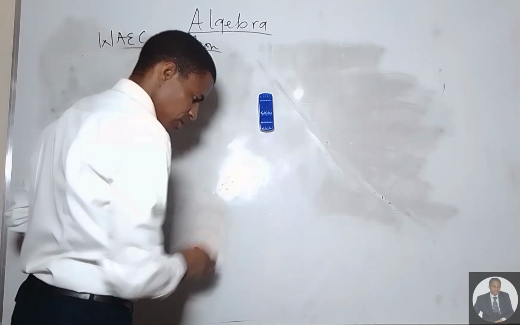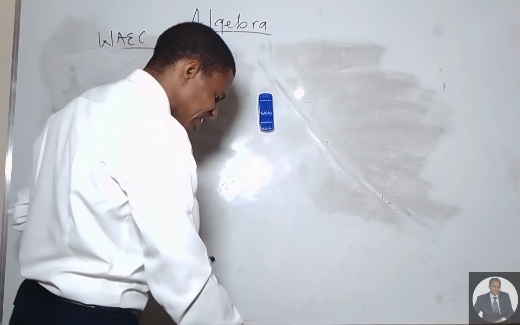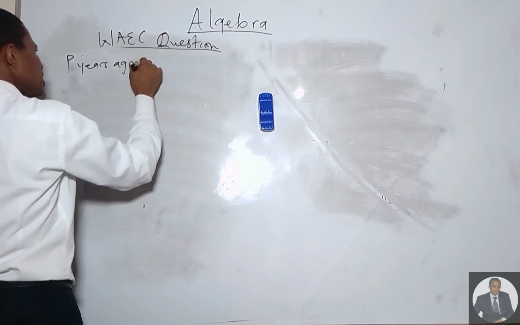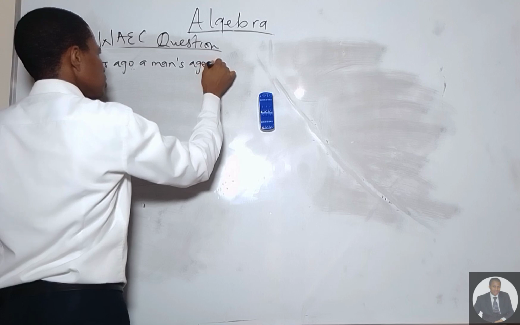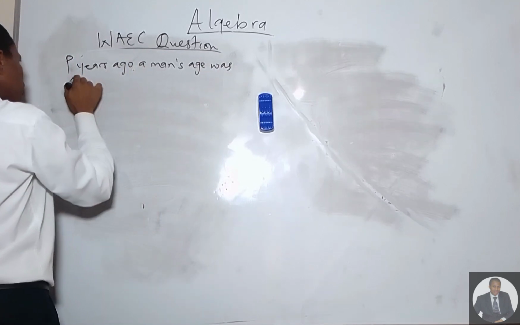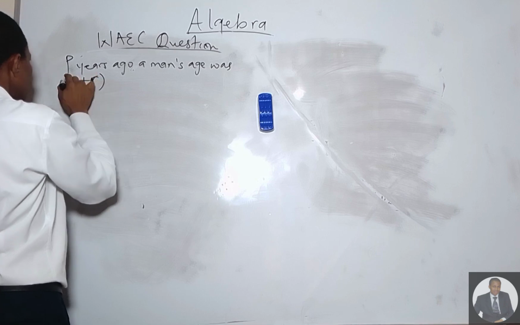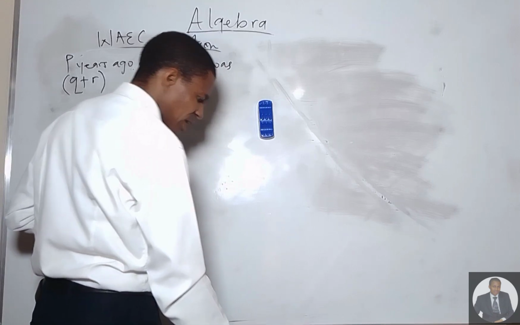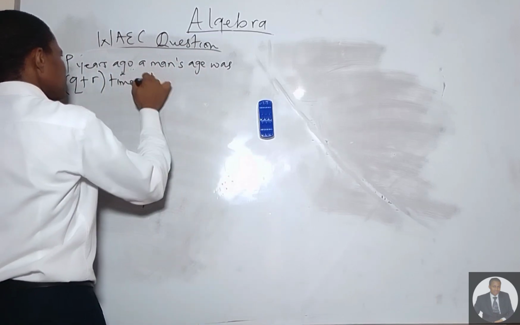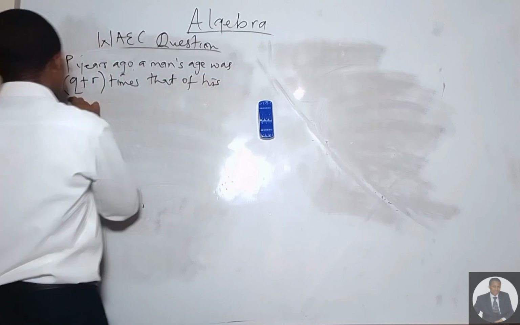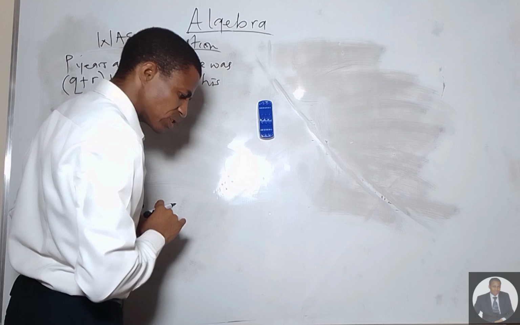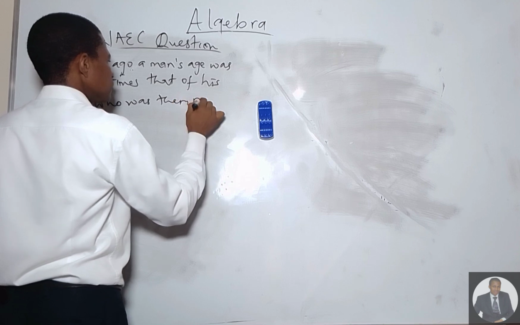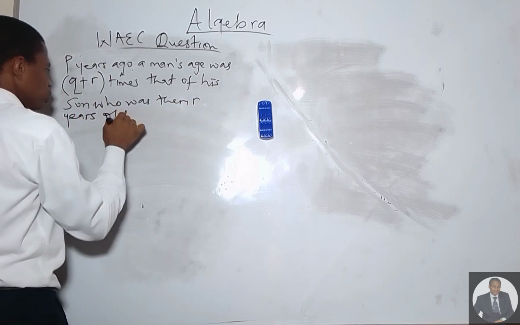Another WAEC question. P years ago, a man's age was q plus r times that of his son, who was then r years old.